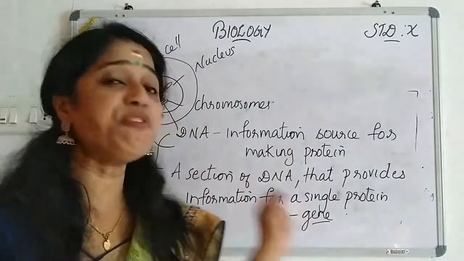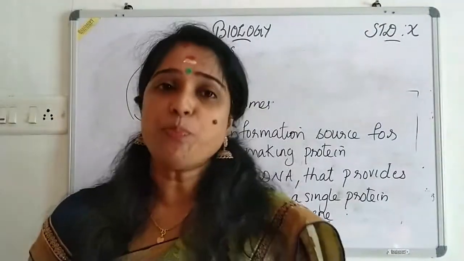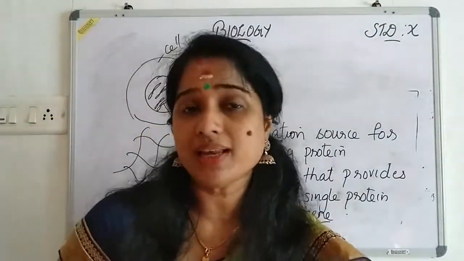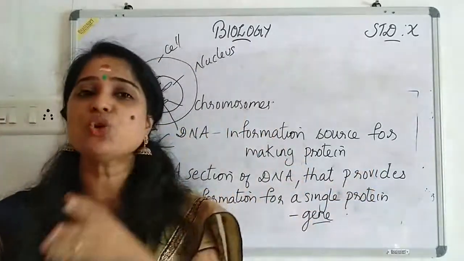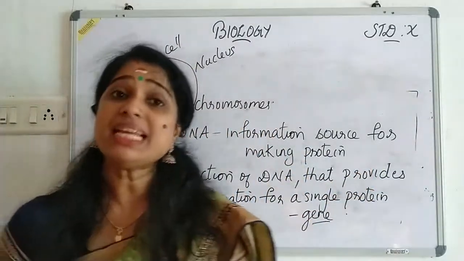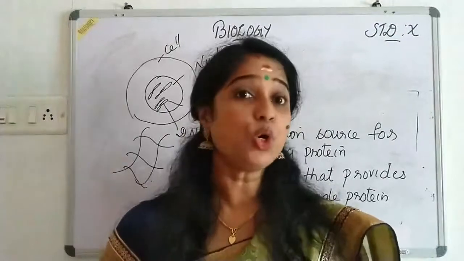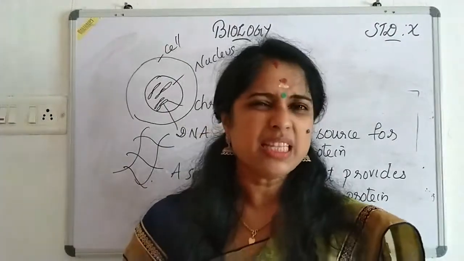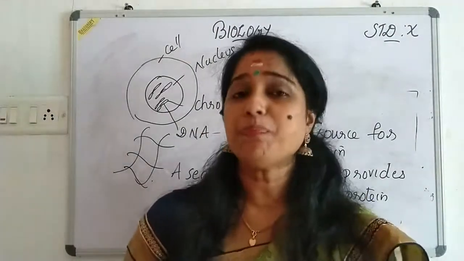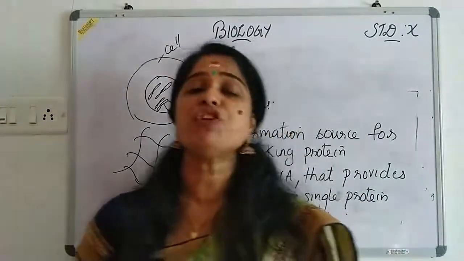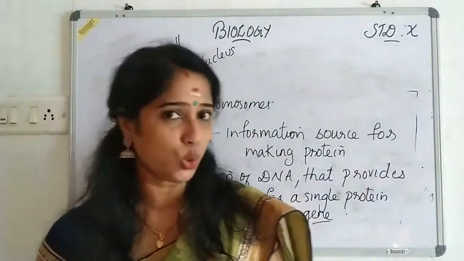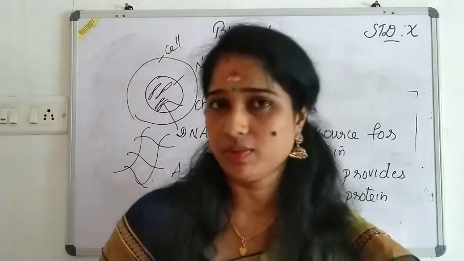If the gene that controls height is efficient enough to produce a protein that increases the efficiency of producing the growth hormone, the plant will be tall.